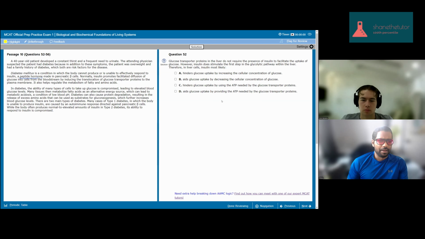So they're asking, if the glucose transporter proteins don't require insulin to take up glucose, but insulin stimulates that first step of glycolysis in the liver, then what does insulin do, right?